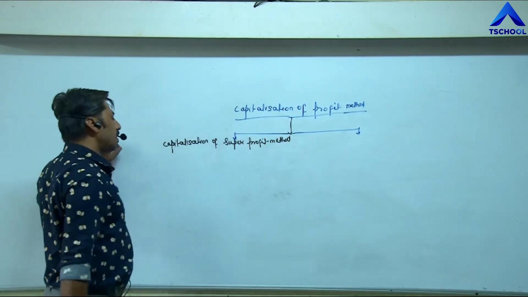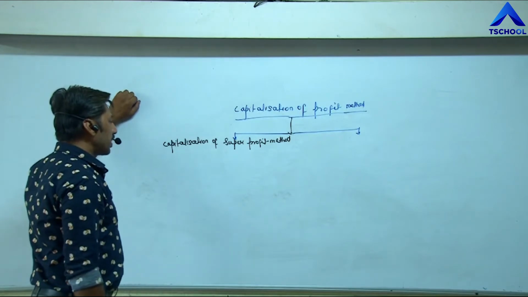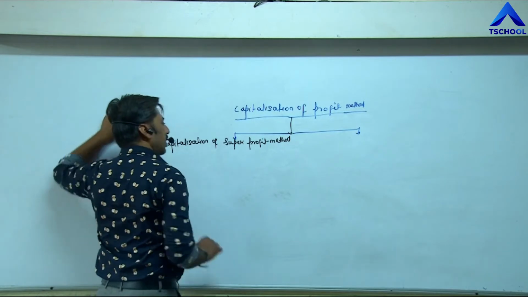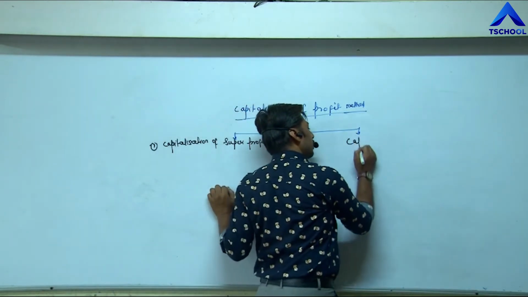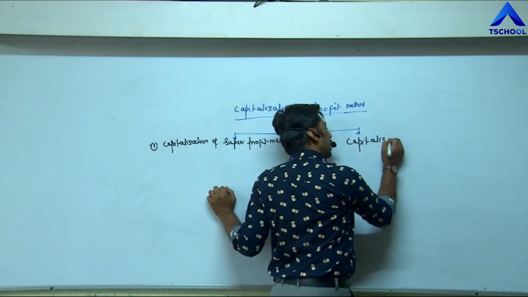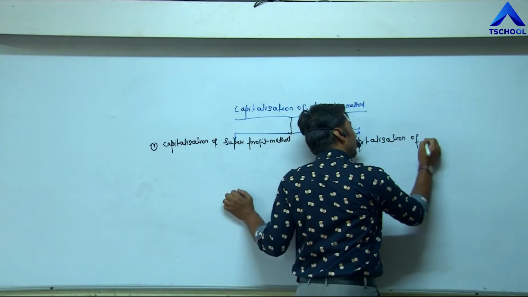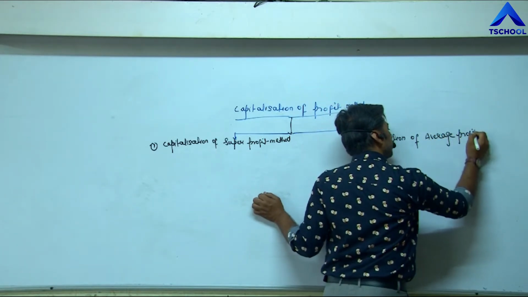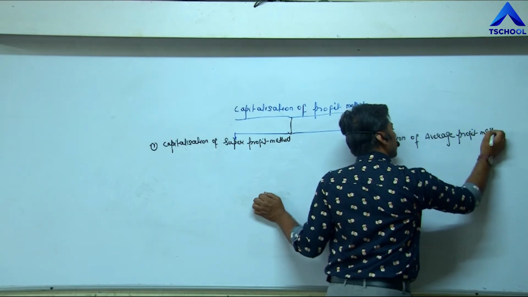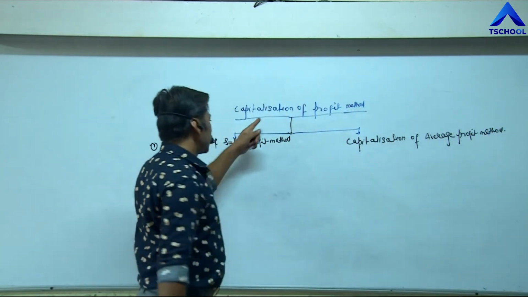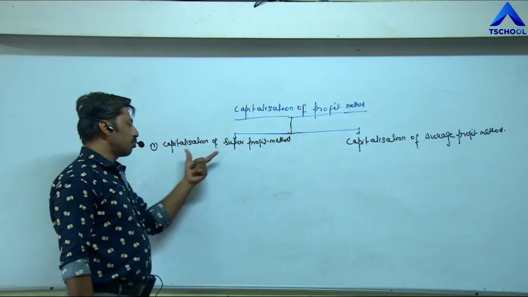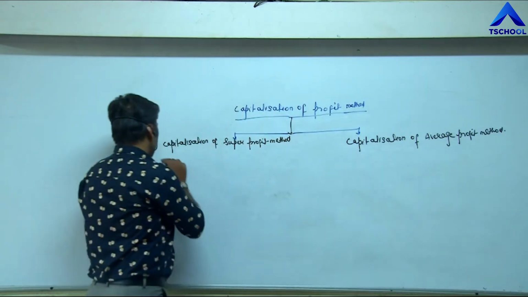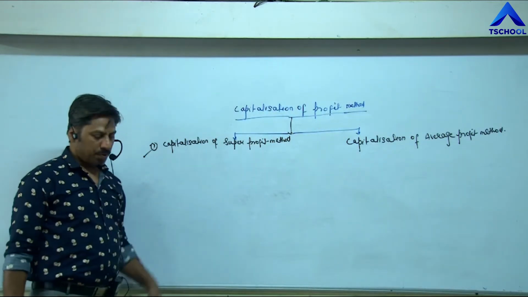Means we have to find out the value of goodwill on the basis of capitalization of super profit method first. And second one is capitalization of average profit method. So capitalization of profit method has 2 parts: capitalization of super profit method and capitalization of average profit method. So first of all, we will do capitalization of super profit method.